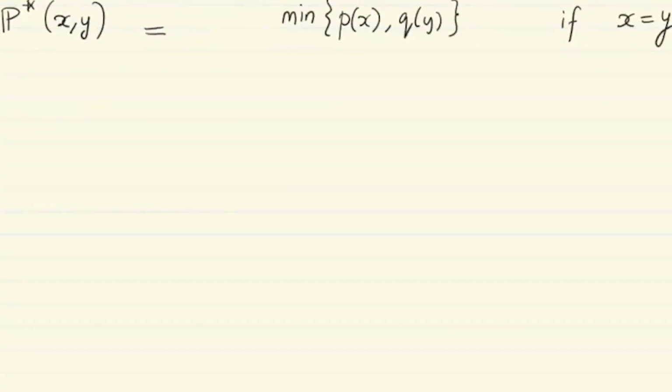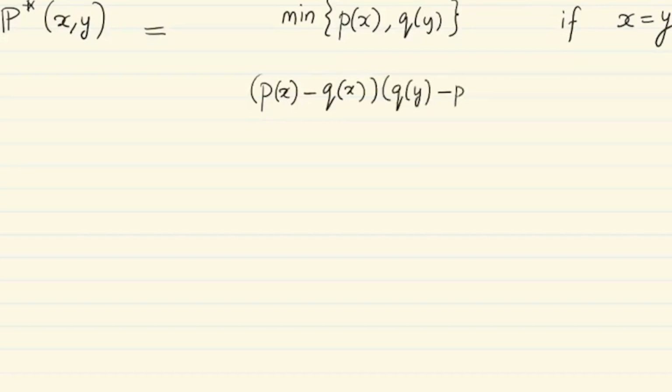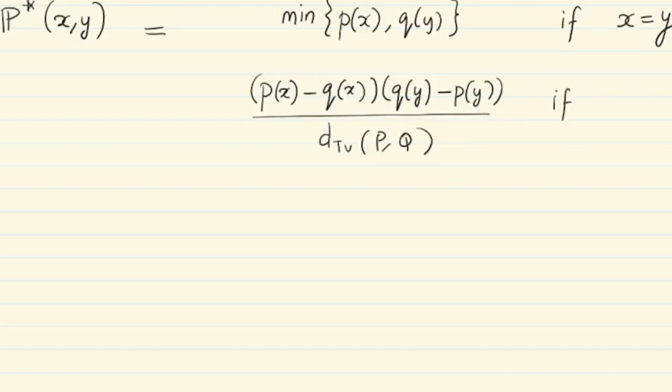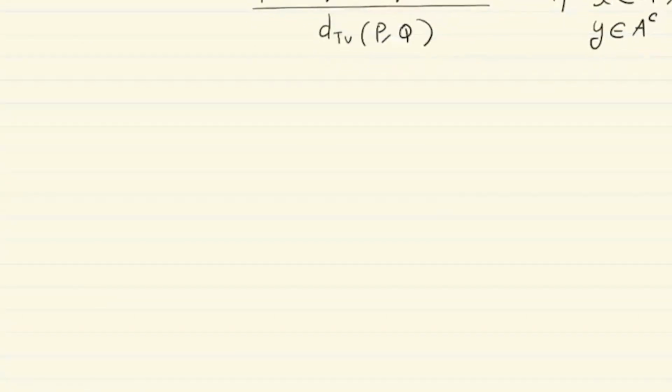If you're not on the diagonal but you're in the northwest quadrant, then you put a probability mass of (p(x) minus q(x)) times (q(y) minus p(y)), multiplied by beta, which is 1 over the total variation distance between P and Q, if x is in A and y is in A complement, and everywhere else you don't put any probability, 0 otherwise.